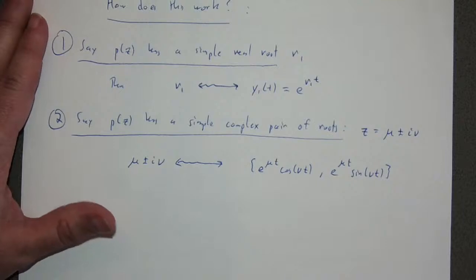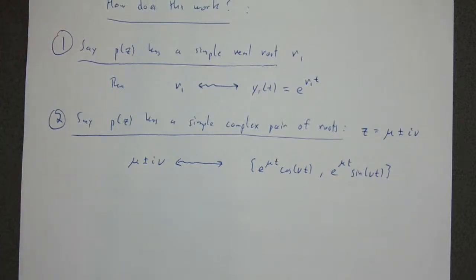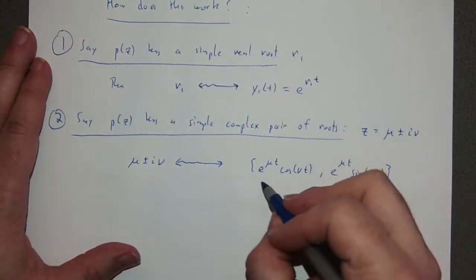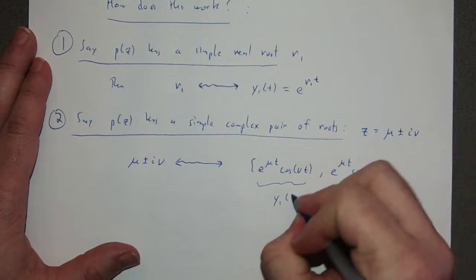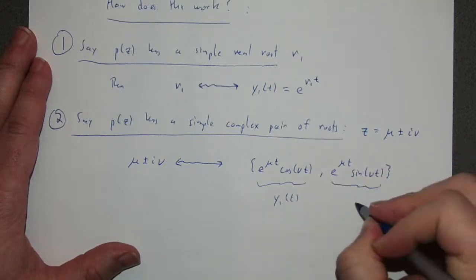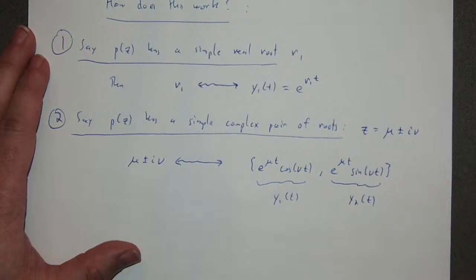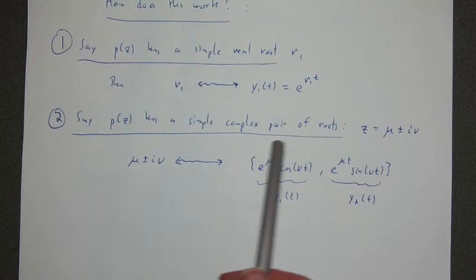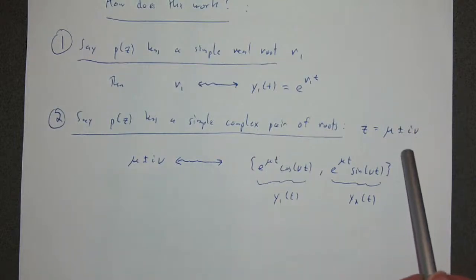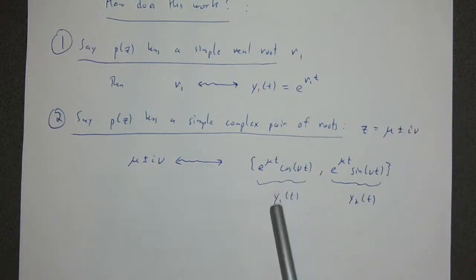This looks familiar. This is exactly what we wrote out for our homogeneous equation. So in this case, this would be our y1 of t, and this would be our y2 of t. So if P of z has a simple complex pair of roots, then to that simple pair get assigned two solutions, y1 and y2.